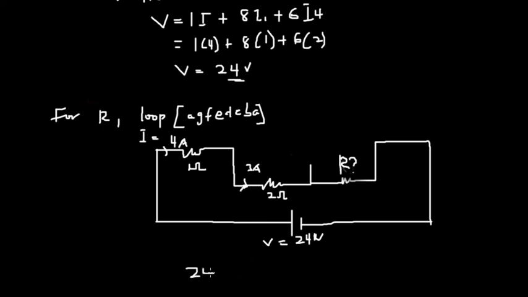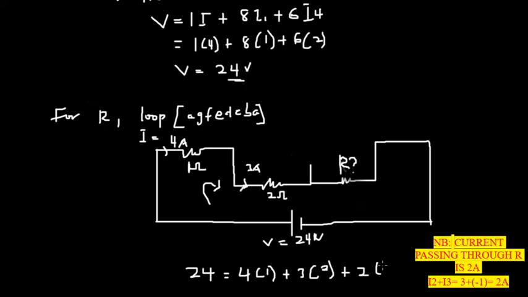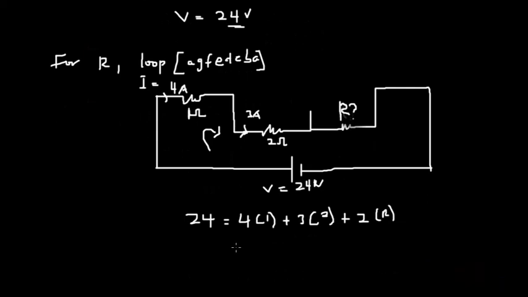So 24 is equal to, using the same principle, 4 multiplying by the 1 ohm, plus, as we are moving in the positive direction, 3 multiplying by this 2 ohm, plus 2 multiplying by this R. Now let's make R the subject.